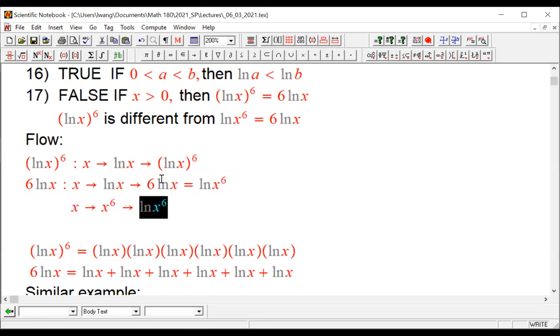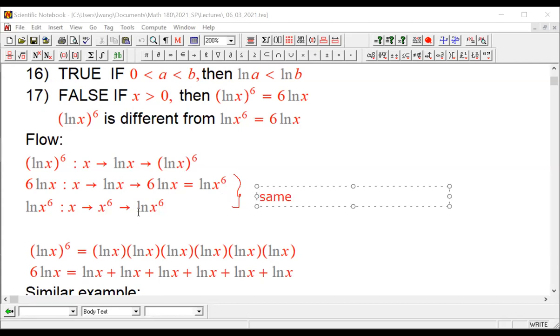Okay, so let me point it out. Let me just clarify so you can take notes properly. So the power rule says these two are the same.